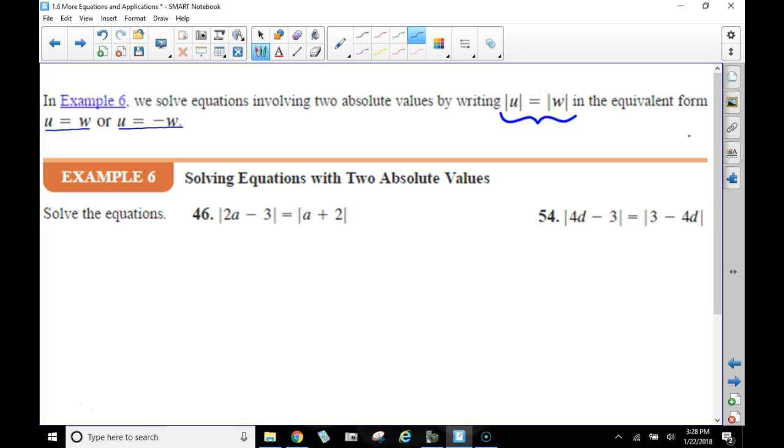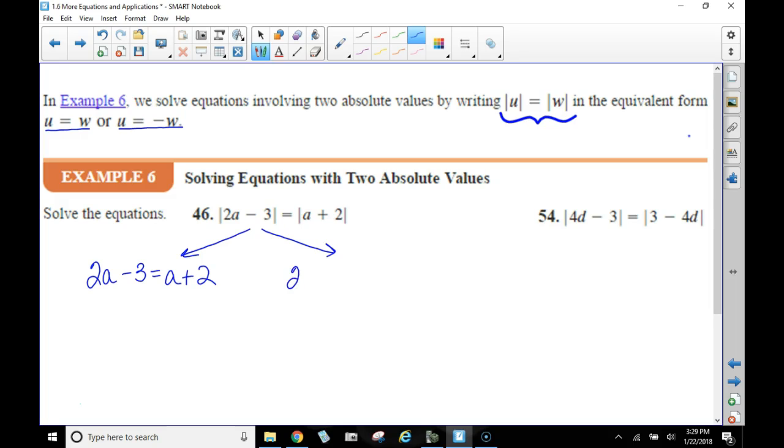So over here on number 46, again, we're going to break this apart into two separate equations. One equation is going to say 2a minus 3 equals a plus 2. The other equation is going to be, one side's going to be opposite in sign.